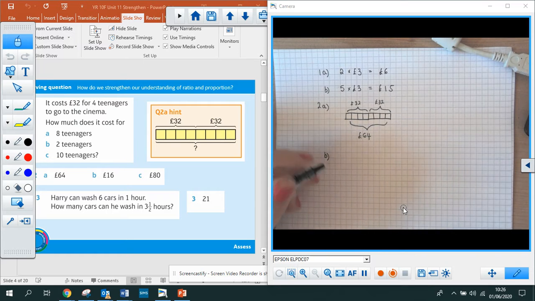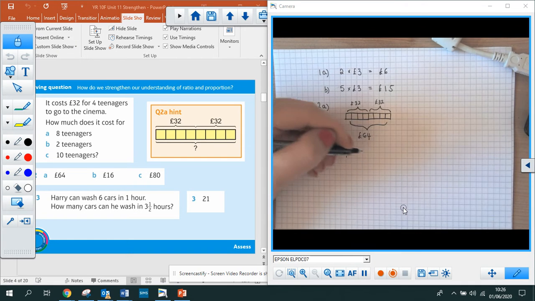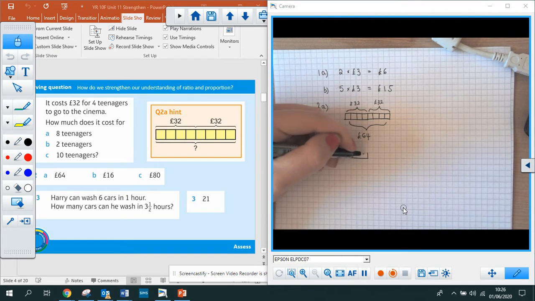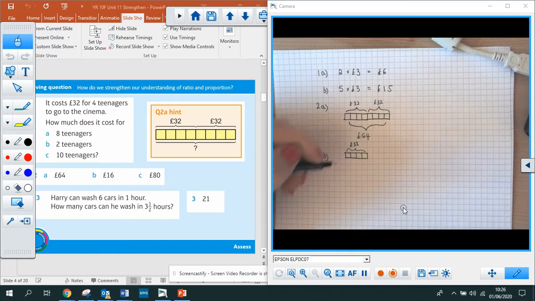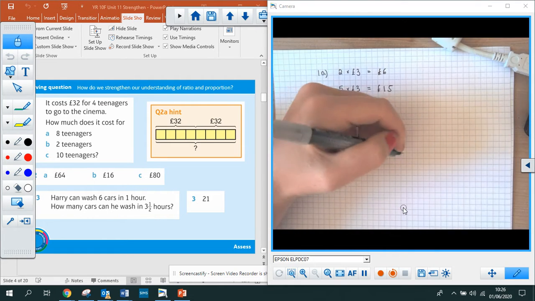Part B wants to know the cost for 2 teenagers. So I'm going to return back to what we know originally from the question, and we know 4 tickets cost £32. And we know actually that 2 is half of 4. So to find out the cost for 2 tickets, all we need to do is half the £32.